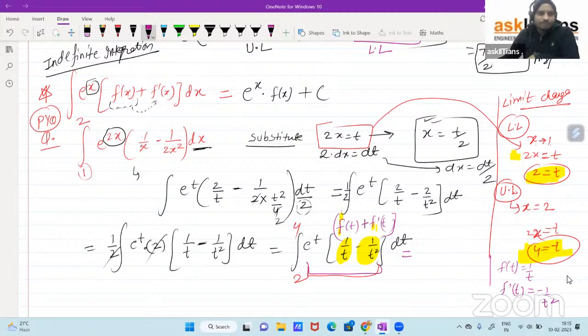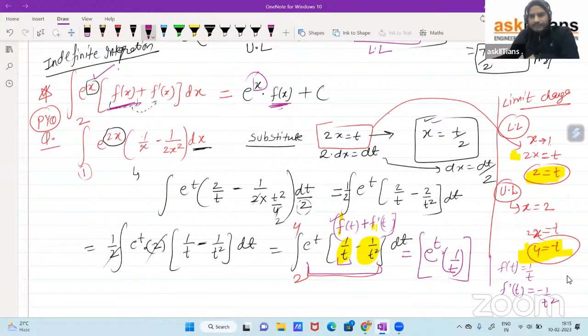So its answer will be, see, here the variable was x but now the variable is t. So its answer will be e power t into f of t, that is 1 by t. And your limits will be in terms of t, from 2 to 4. Any doubt?